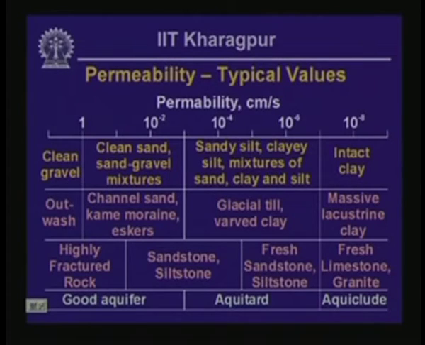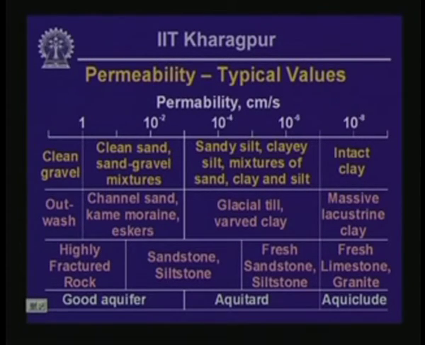Then at the bottom row, we indicate what qualifies a particular geologic unit as a good aquifer, aquitard, or aquiclude. A good aquifer typically has permeability greater than 10 to the power minus 3 centimeter per second.